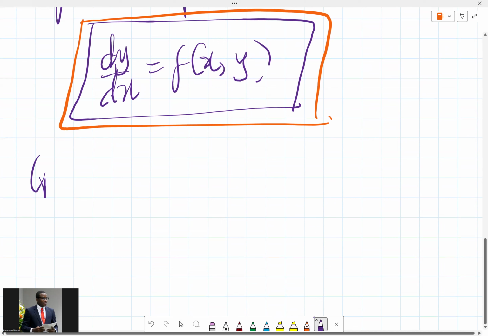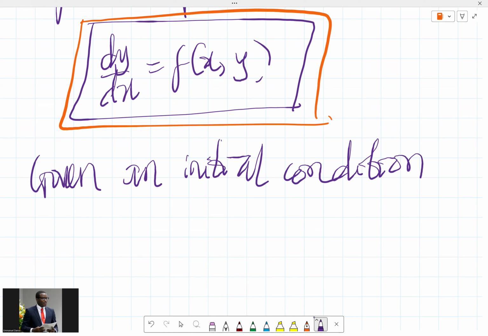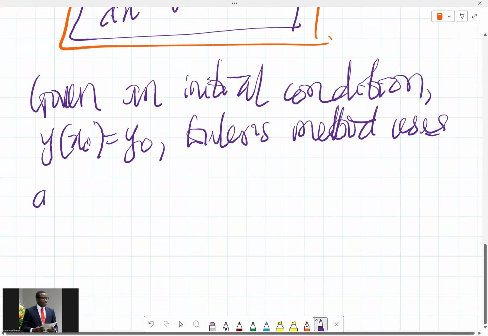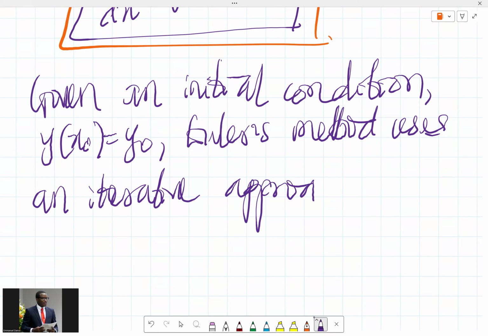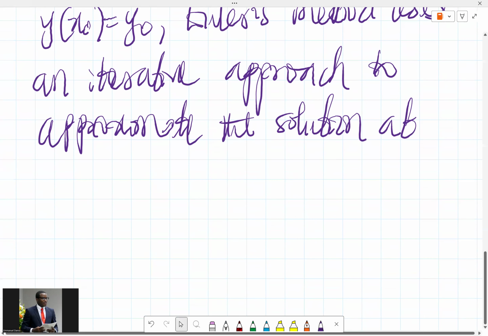Given an initial condition, say y of x naught equals y naught, Euler's method uses an iterative approach to approximate the solution at discrete points.